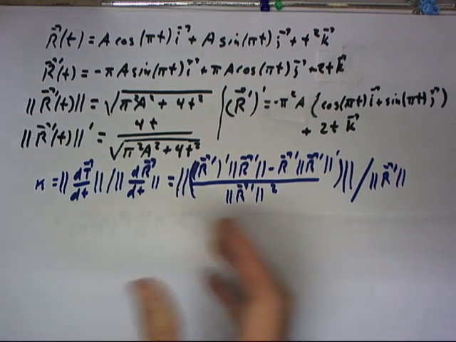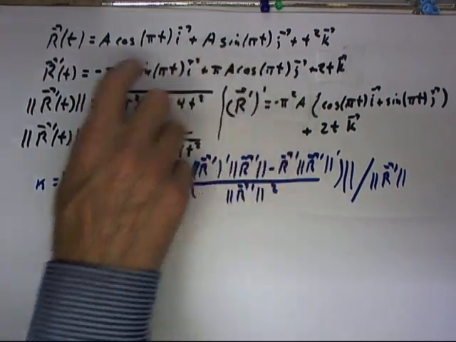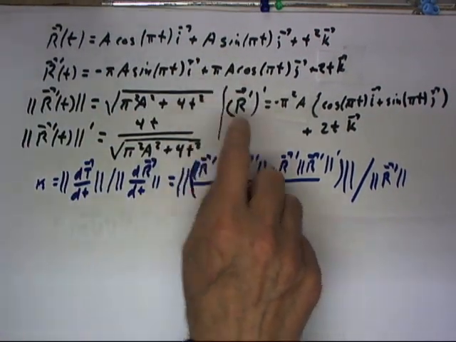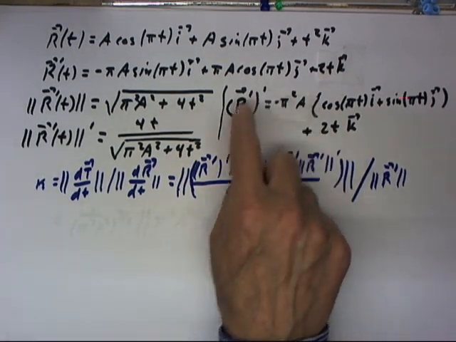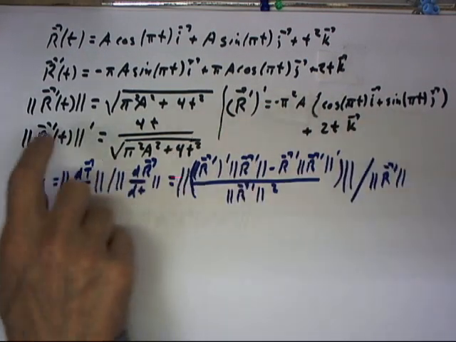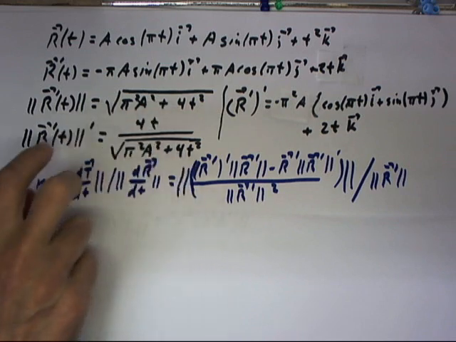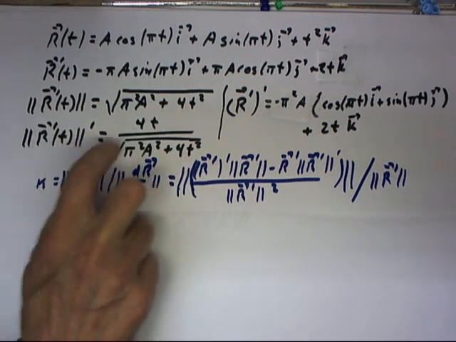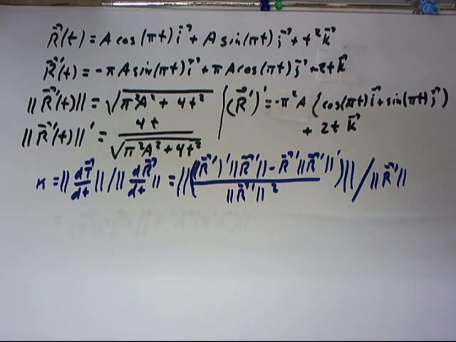So we have the following expressions. We have our r of t expression, our r prime of t, our r double prime of t, the magnitude of r prime of t, and the derivative of the magnitude of r prime of t.